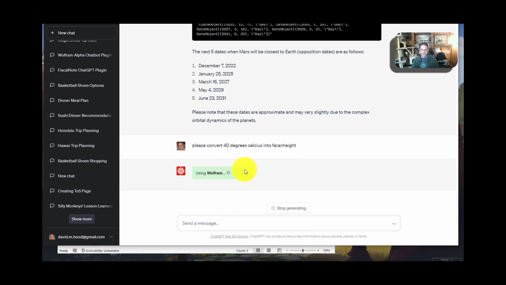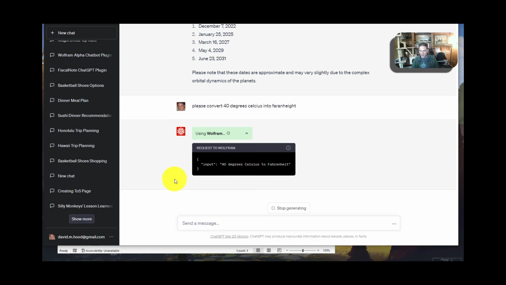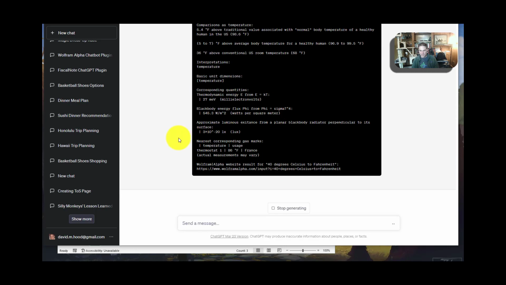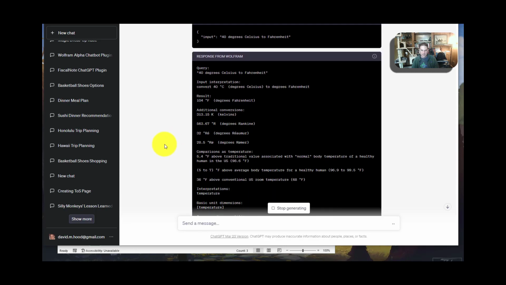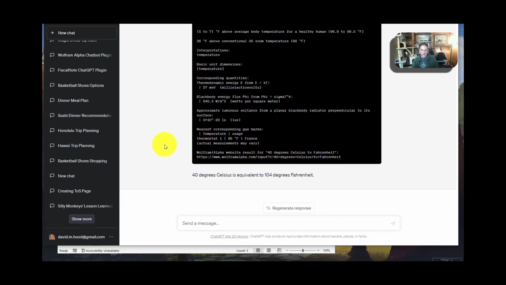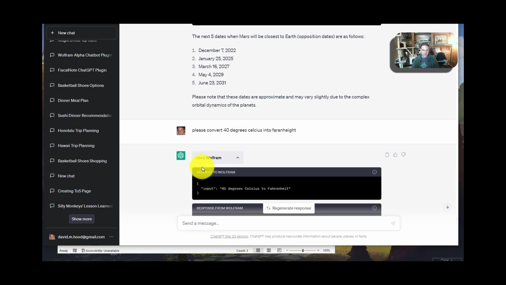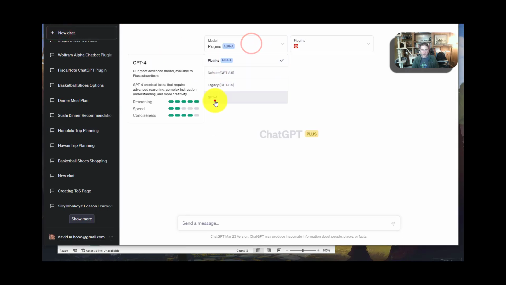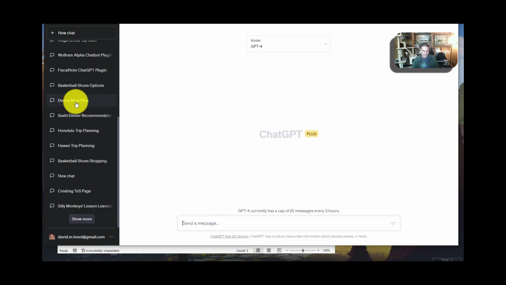This is something that ChatGPT might be able to do really well. Fahrenheit. So that is correct. I wonder if I just do it straight up like GPT-4, if GPT-4 could do that.